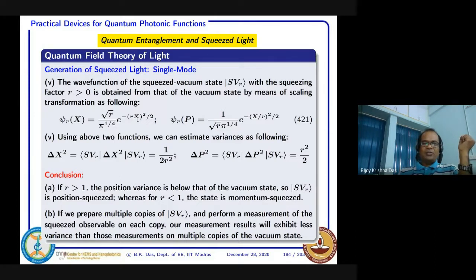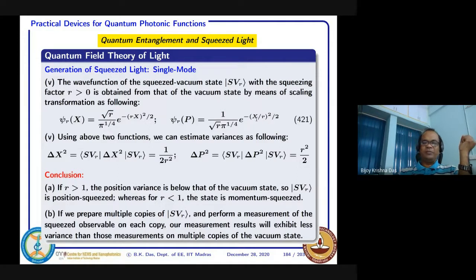Similarly, since I did something with the position function, I also have to do the complementary action to your momentum function. What we did here was multiplication; here I have to divide the amplitude by the square root of R. And here R is multiplied with X, and then, I think this is a mistake.